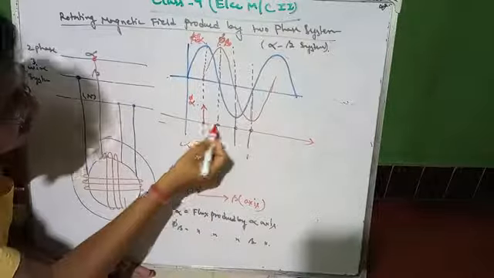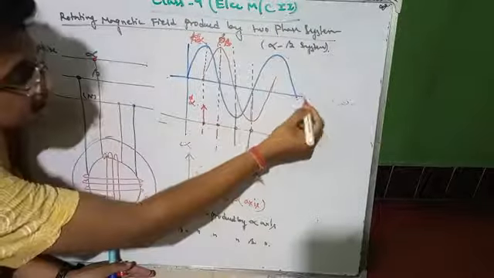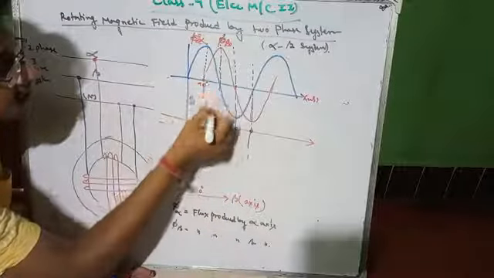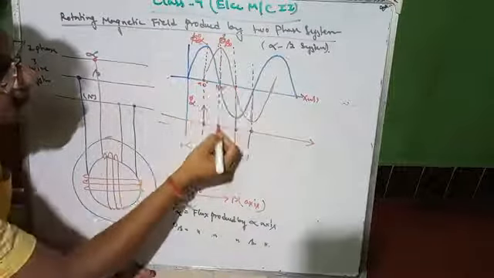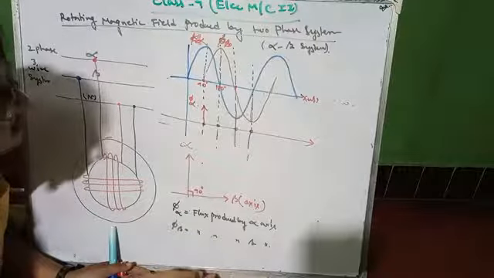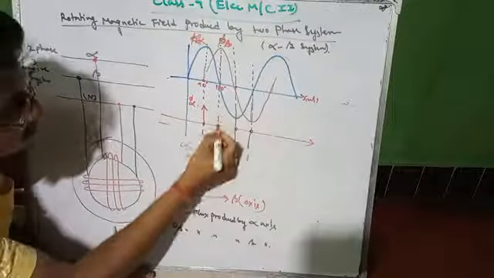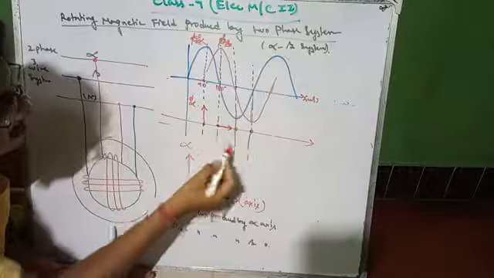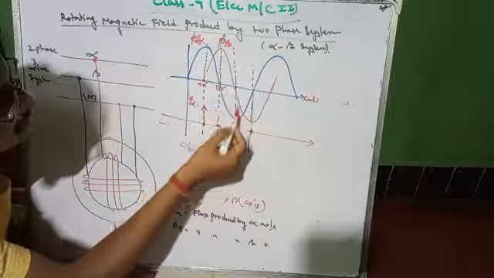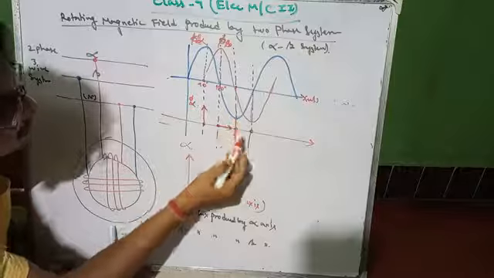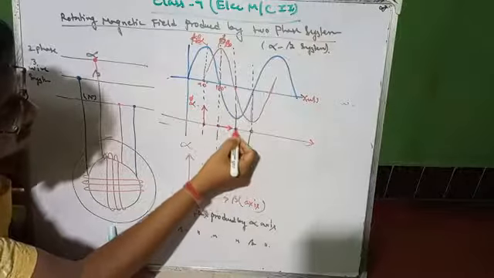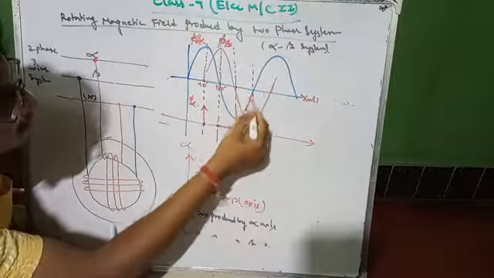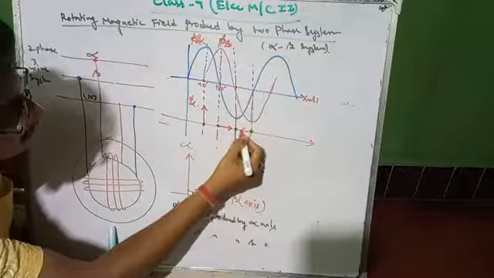And after moving some time omega t, that is when 90 degree, then it will be this, when 180 degree, then it will be at this situation, and at this situation B will be maximum and alpha will be 0, and again alpha will be negative, and B will be 0, and here alpha will be 0, B will be negative.